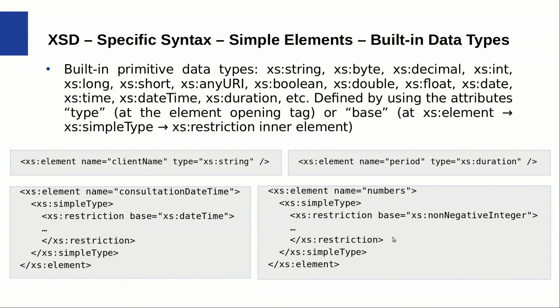And here, a last example. We declare an xs:element named numbers. Instead of the type attribute, we nest to the element a simple type element, as in the last example, and we add to the simple type element, nested to it, another element called xs:restriction, and as the base value we use the built-in data type called xs:nonNegativeInteger.